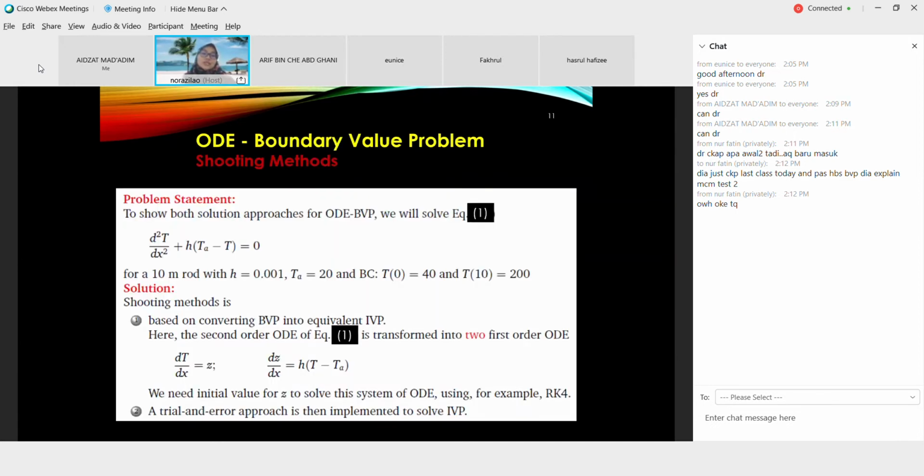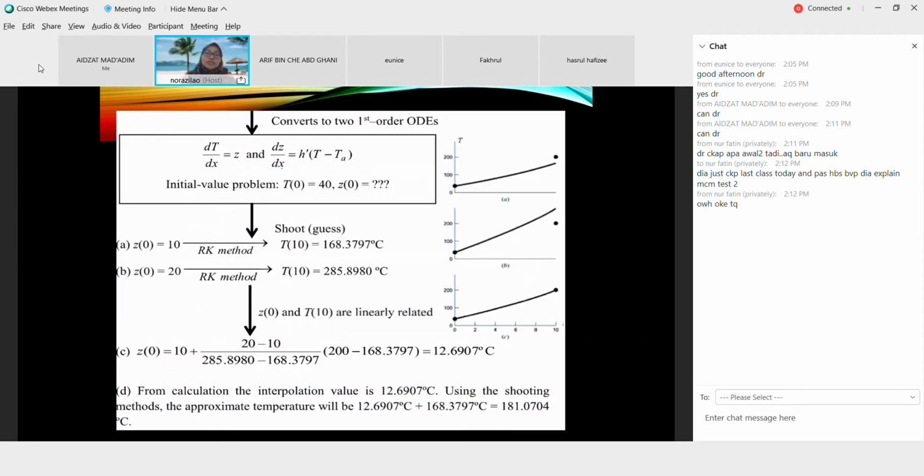So this is an example. How can we understand how to separate into two first order equations? Imagine that this is second order. Second order must be reduced to first order. So this is a step. You see, reduce to first order.